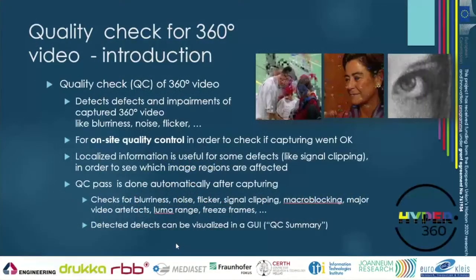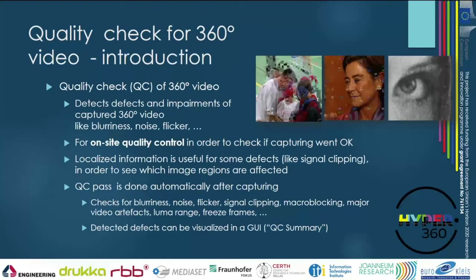So I will first describe the quality check a bit technically, and then I will give a live demo. So what is quality check for 360 video? The quality check detects defects and impairments of captured 360 video.